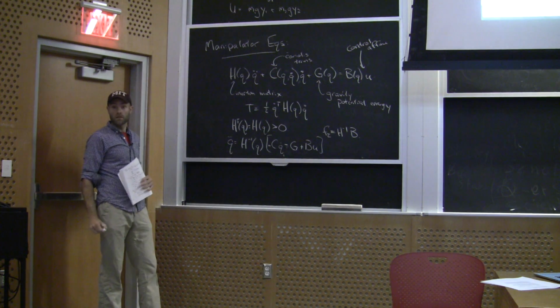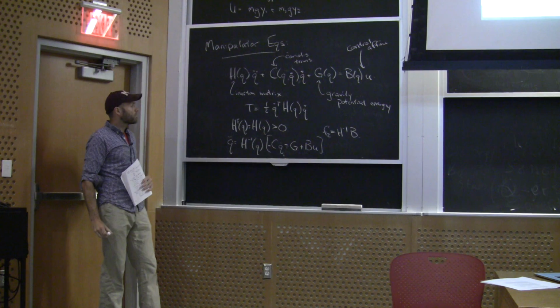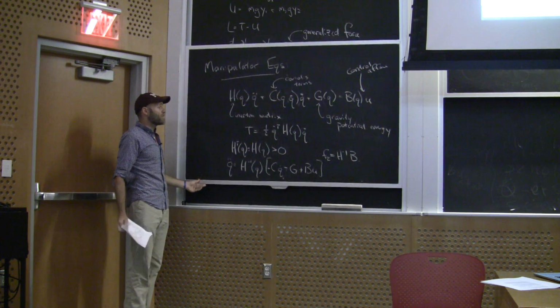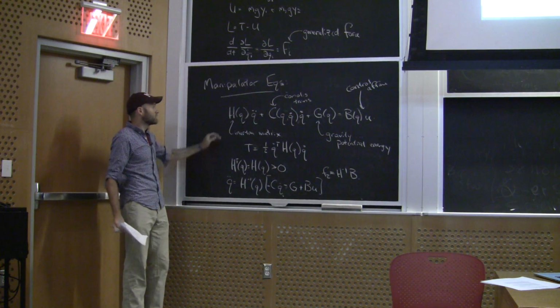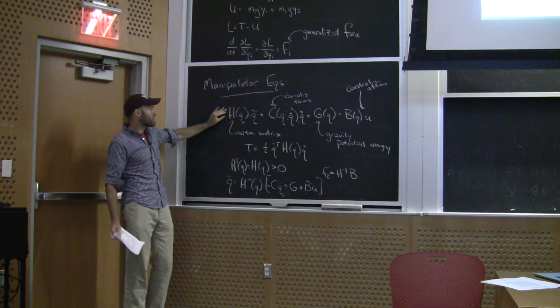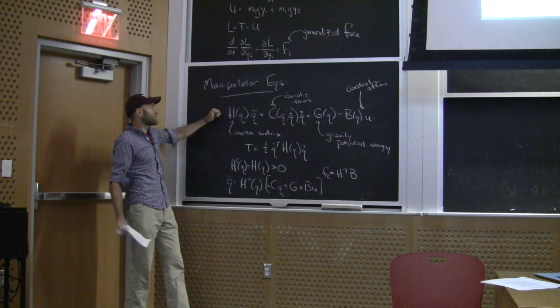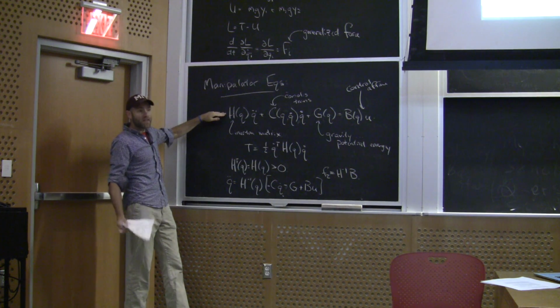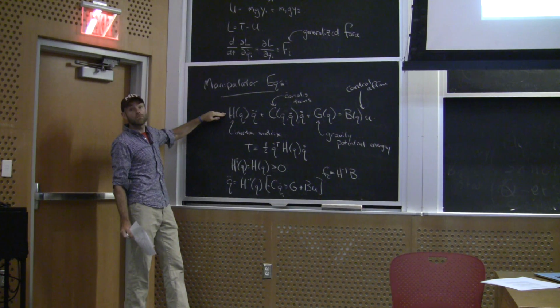Everybody square on that, yeah? Okay, so let's say you have a robot, and you've called your software, you've done your derivation, and you've got this equation. What's going to tell me if it's underactuated or not? What's the easiest check?